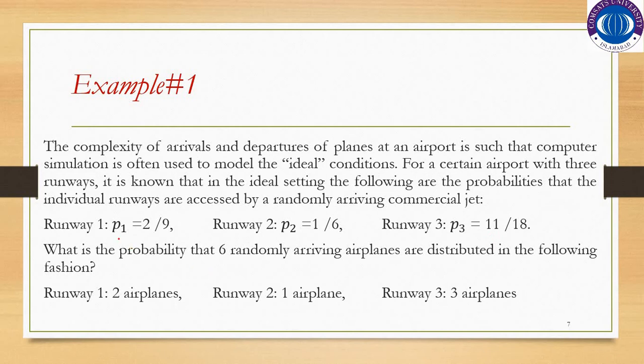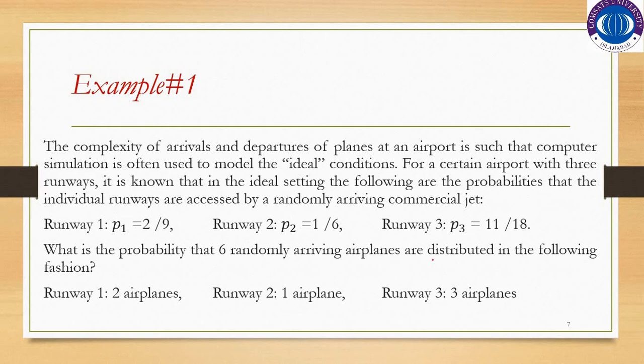We are associating the probability P1 with runway number 1, P2 with runway number 2, and P3 with runway number 3, as we have 3 categories, runway 1, runway 2, and runway 3. So we have P1, P2, and P3.